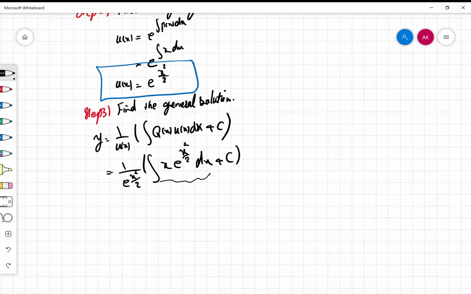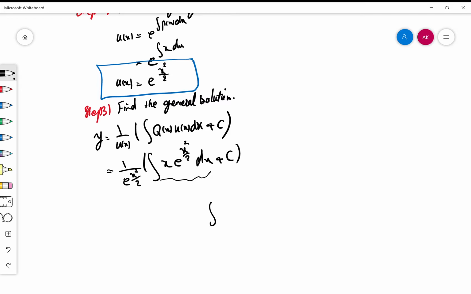Now we need to integrate the function e to the power x squared over 2 times x dx. You have to remember here that I have e to the power of a function, and the derivative of that function is x, which is there. So basically, I have e to the power g(x), and the derivative of g(x) is there. In this case, we do the substitution. We put u to be x squared over 2.